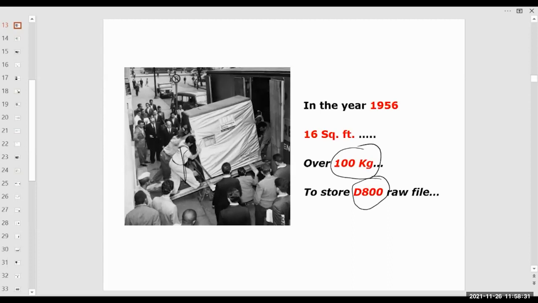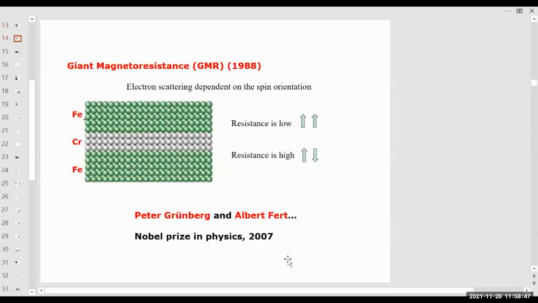So imagine if you want to store 1,000 photographs in your phone, you might need 1,000 such huge devices to store the data way back in 1956. From this stage we have come far, and this is all dependent on the giant magnetoresistance that I was talking about, where the electron scattering depends on spin orientation. This is the new phenomenon.